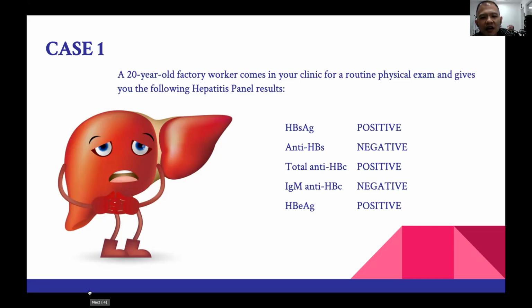Then next, is it acute or chronic? We weren't given a chance to ask the patient how long this has been, or when the HBs was first obtained. So we just have to rely on the results, and the results showed a negative IgM.